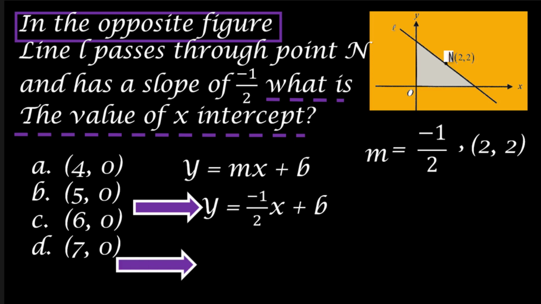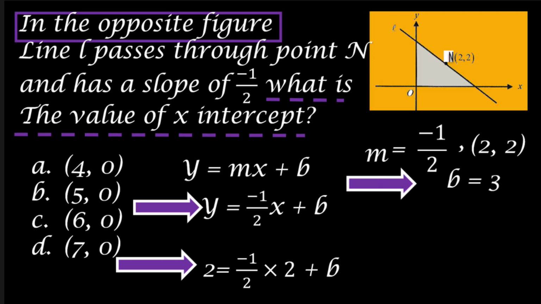Now, by replacing y equals 2 and x equals 2, since we have a point on the straight line, 2 equals negative 1/2 times 2 plus b. We can deduce b now. b equals 3 by solving this equation. We get the equation y equals negative 1/2 x plus 3.